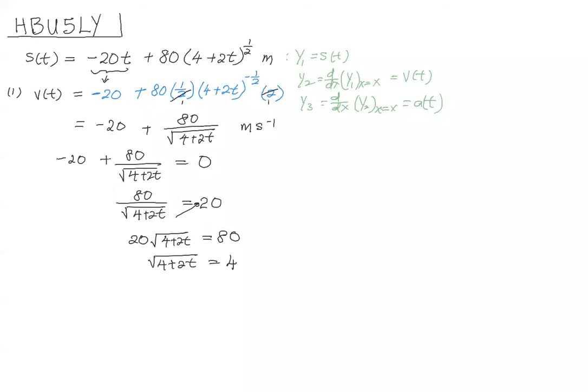Bring the square root over, and square both sides. So the answer is 16. So 2t equals 12, so t equals 6.